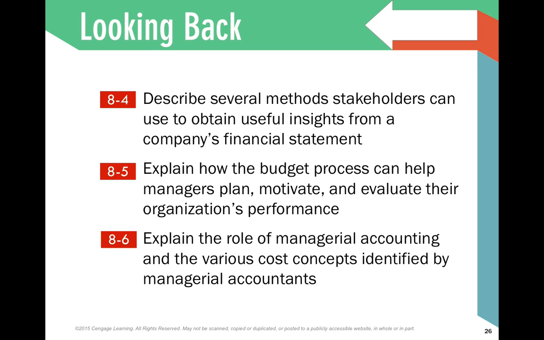We've looked at several methods stakeholders can use to gain insight from a company's financial statements. We've taken a look at the budget process and how it helps managers plan, motivate, and evaluate their organization's performance. And finally, we've taken a look at the role of managerial accounting and the various cost concepts identified by managerial accountants.